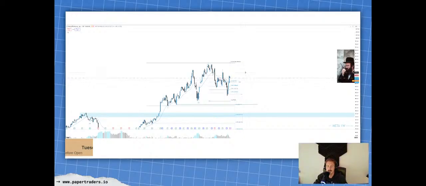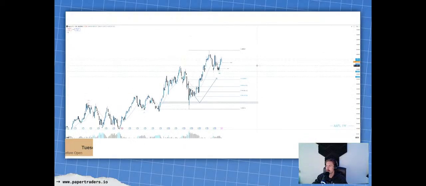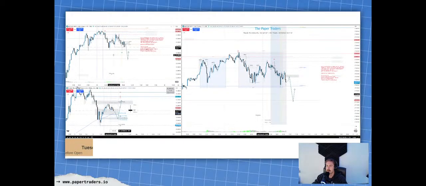Maybe some retrace. Everything is topping, Apple tomorrow. I'm curious to see what they do on these earnings, as that can give either pump or dump NQ, as well as Powell today too.